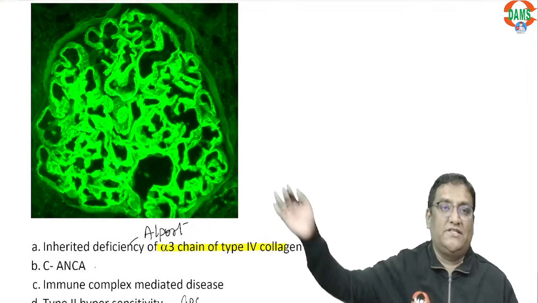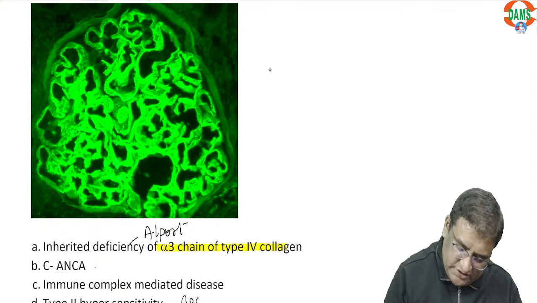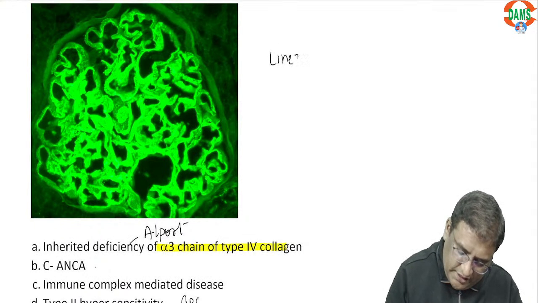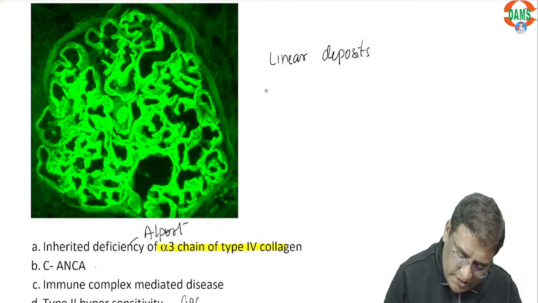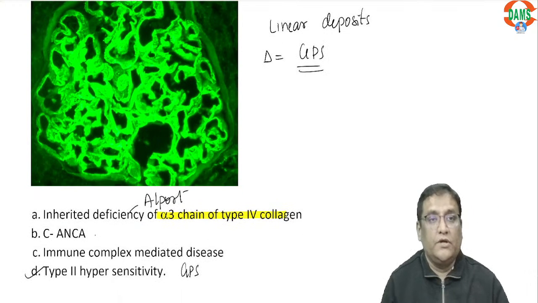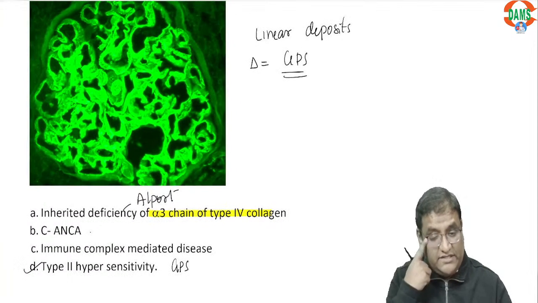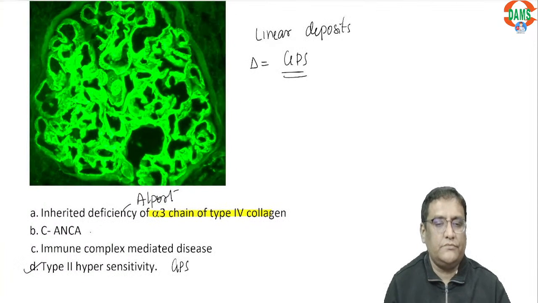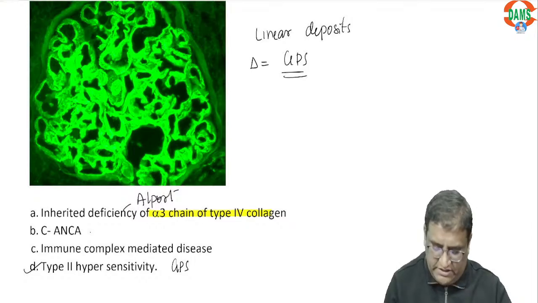What you are seeing here is immunofluorescence. I showed this image, this is your what? Linear deposit. If you are seeing linear deposit, only one diagnosis. What is your diagnosis? Goodpasture syndrome, right? So the answer is option D. Very good. This is Goodpasture syndrome.